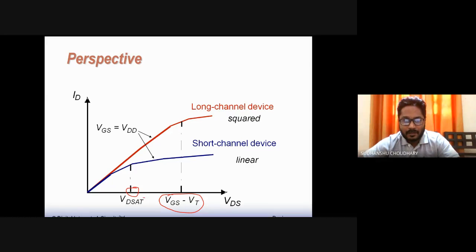But here, even if my VDS is less than VGS minus VT, the MOSFET saturates. Because of this, the current drive suffers, and the maximum current that can be achieved is smaller than what can be achieved by a long channel MOSFET. This is my saturation current in the long channel MOSFET, and this one is for the short channel MOSFET. So huge differences can be observed.